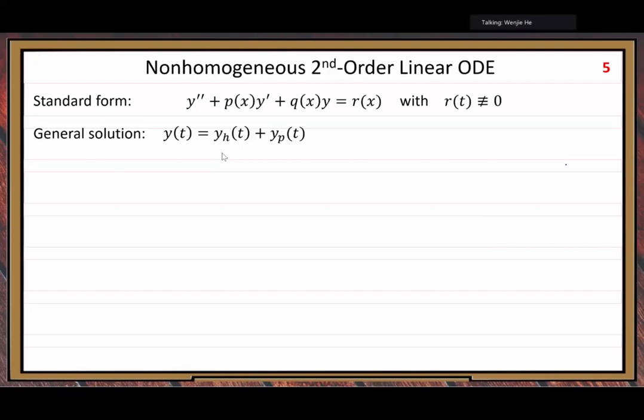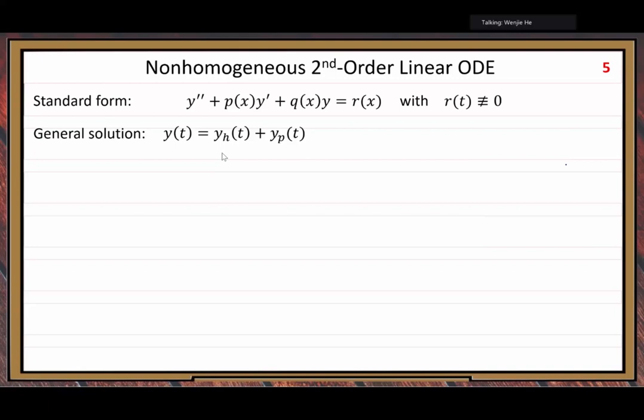The general solution should contain two parts. The first part, YH, means the general solution for the homogeneous version of the equation. The second part is the particular solution.